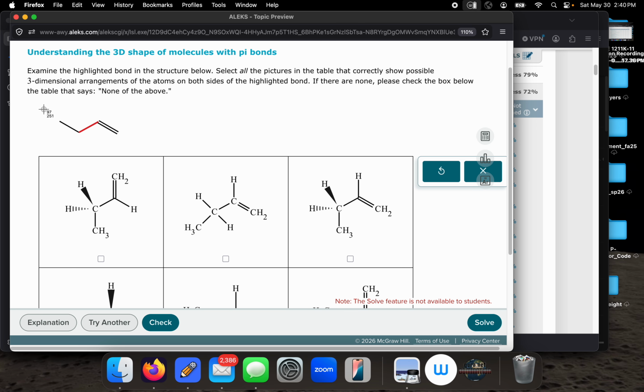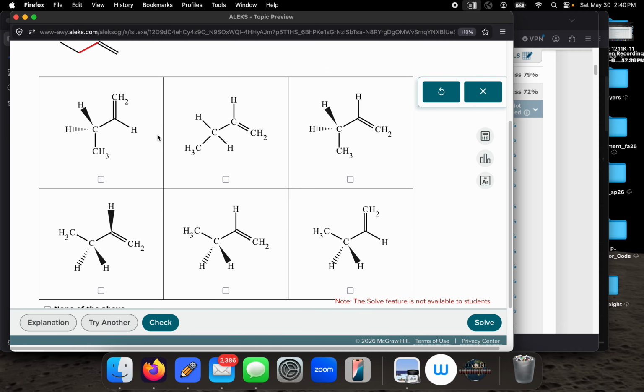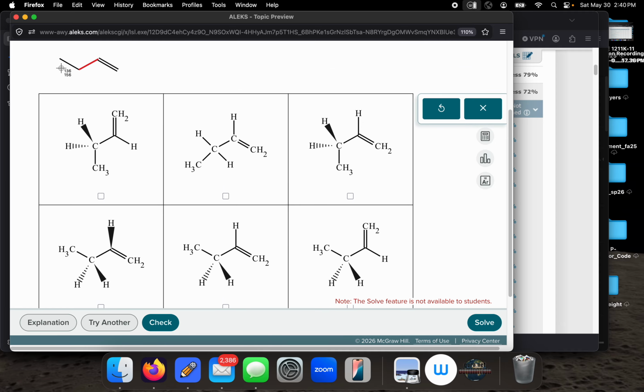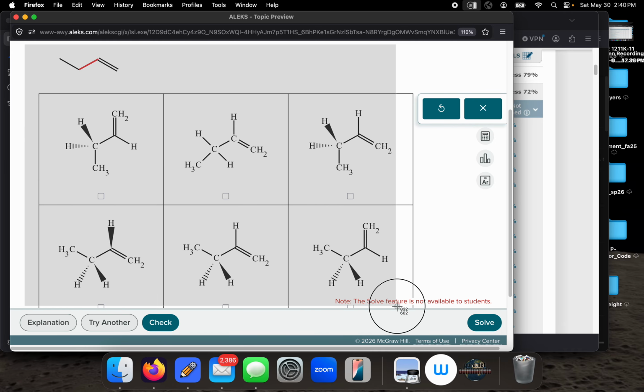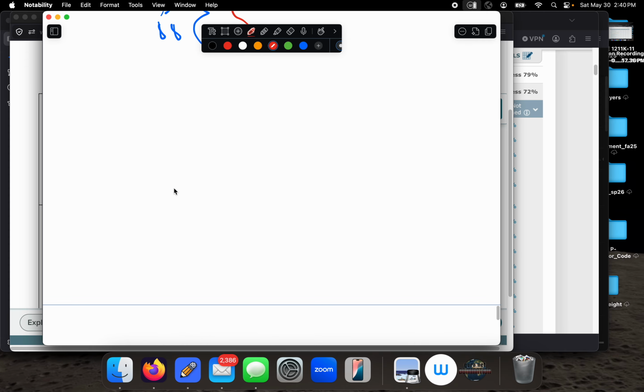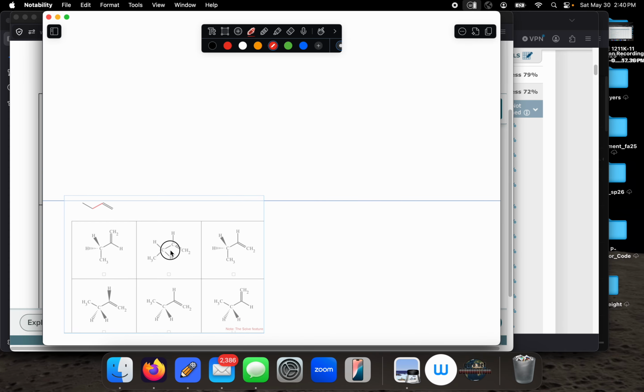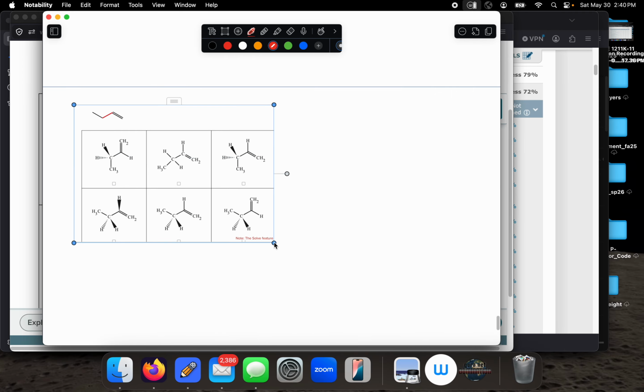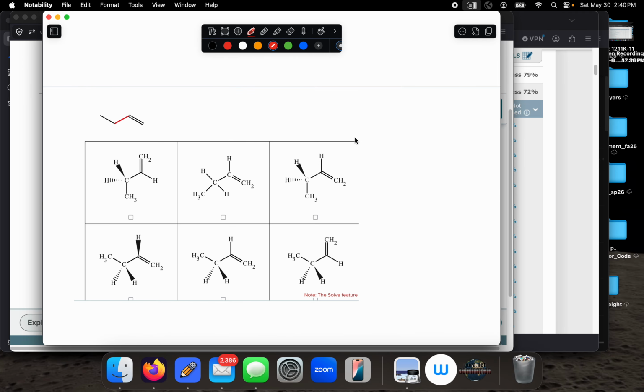This one, super important to get your eyes used to this. Really, really important. Organic chemistry, if you don't see the stuff, you don't see the shapes, it's really hard. I mean, it's worse than that. I think it's impossible. Let's come here. Okay, so this is about this bond right here.